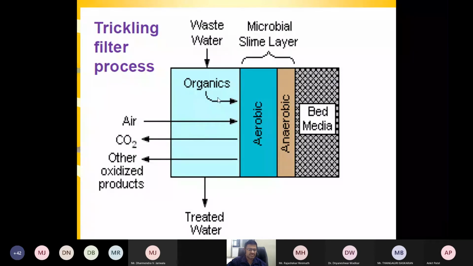So your wastewater is treated, because organic matter is converted to carbon dioxide. The only difference between suspended and this trickling filter or attached growth system is that here the bacteria are attached to the media.